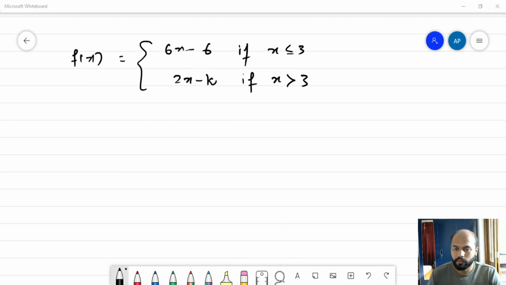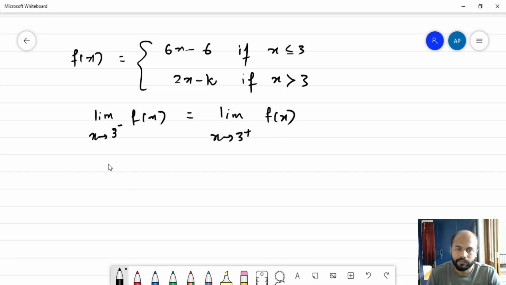Let's take another simple question. It says that the limit of this function exists at x equals 3. So if this is the case, then limit x tending to 3 minus f(x) should be equal to limit x tending to 3 from the positive side f(x).